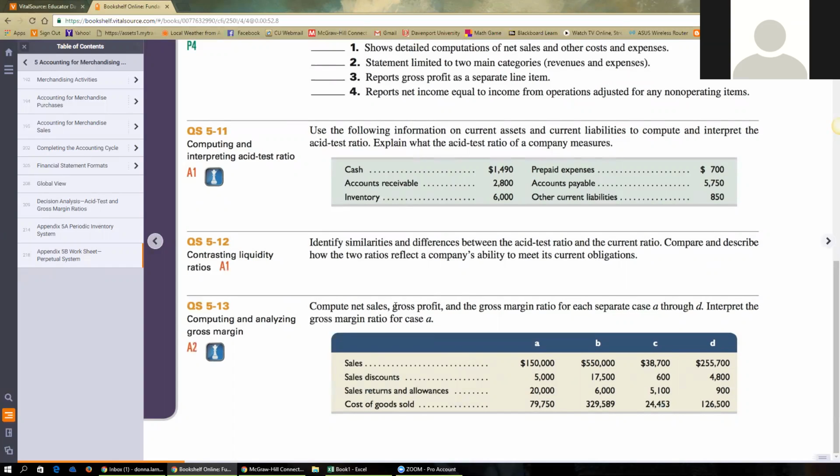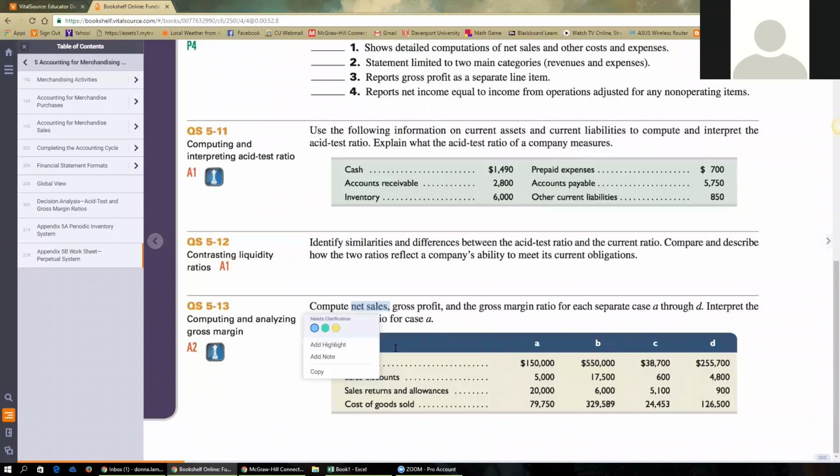And they want you to find gross profit. Well, they also want you to find net sales. So net sales is taking the sales, minusing the discounts, minusing the returns, just like we just did, and that'll give you net sales. And then net sales take away the cost of goods sold gives you gross profit.